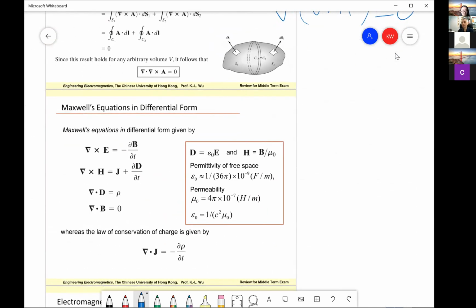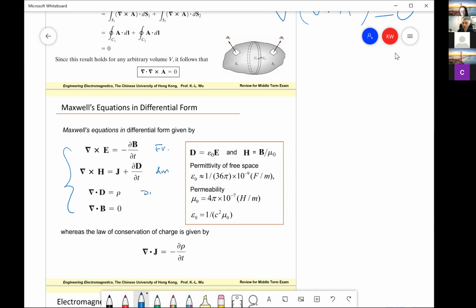Now let's say from the definition of curl, definition of divergence, and the divergence theorem, Stokes theorem, then the 4 integral forms of Maxwell equations can lead to 4 differential equations. One by one: this is Faraday's law, this is Ampere's law.